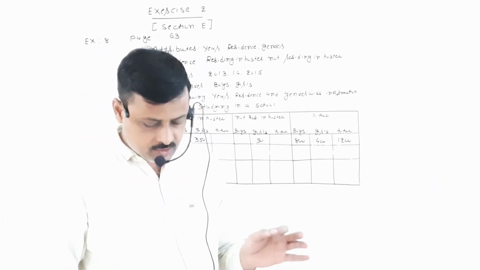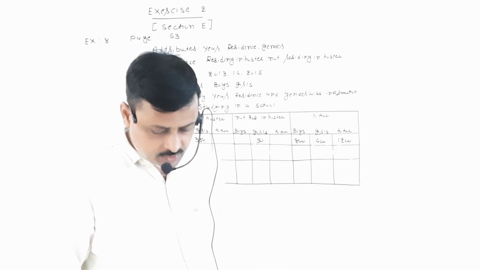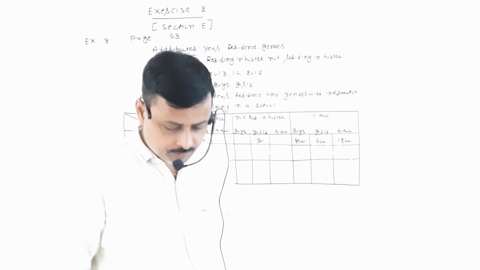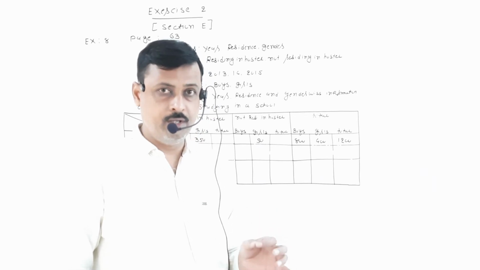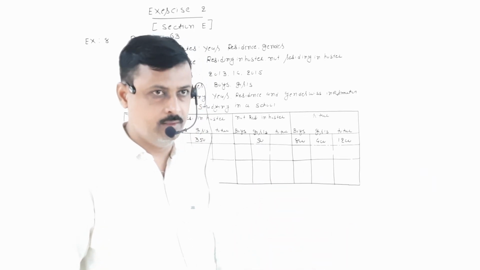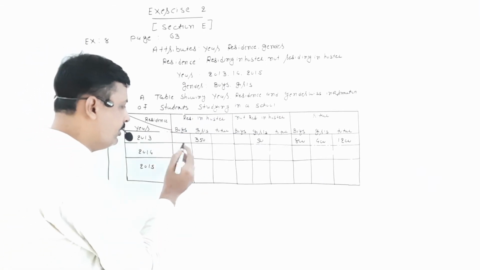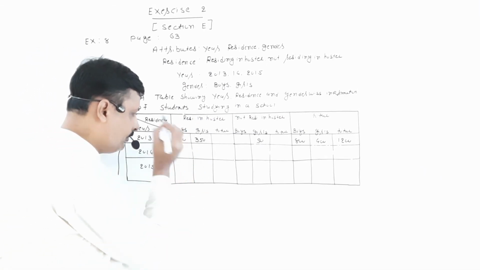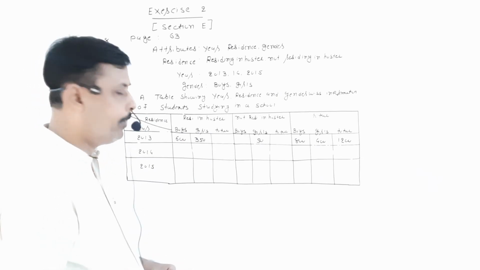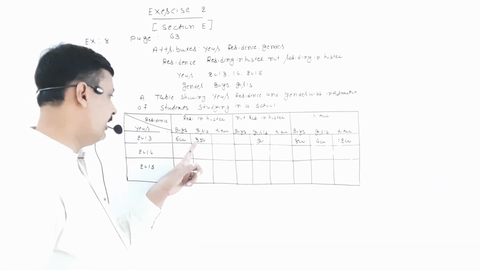In all 600 boys were residing in hostel. So 600 boys were residing in hostel. Here, residing in hostel boys 600. So boys 600, girls 350.